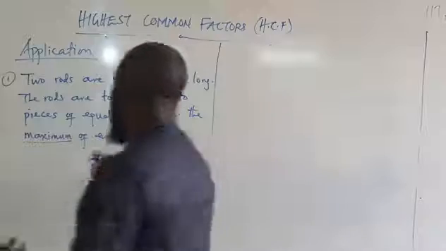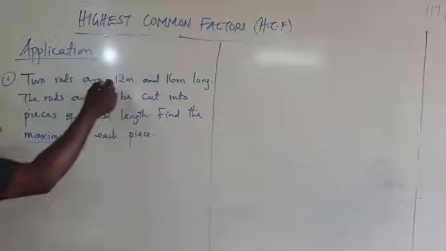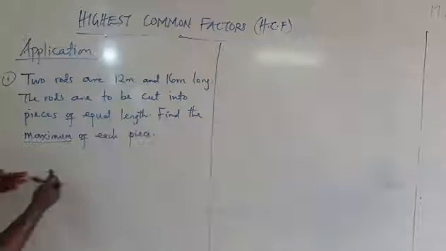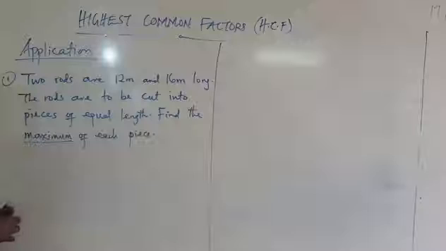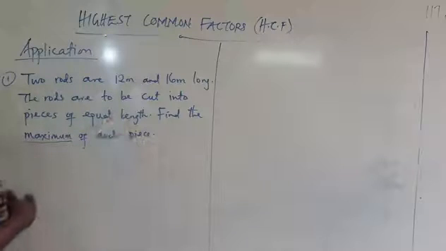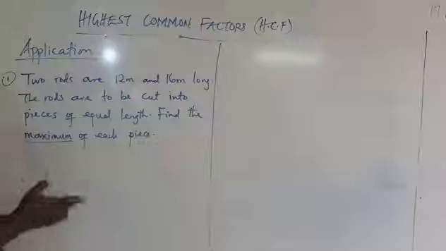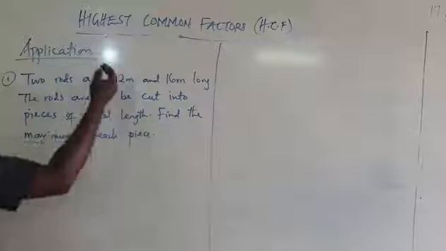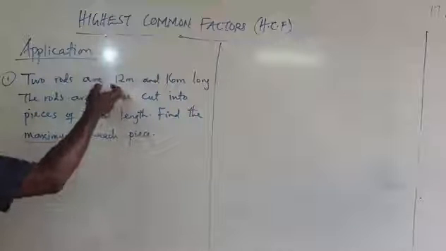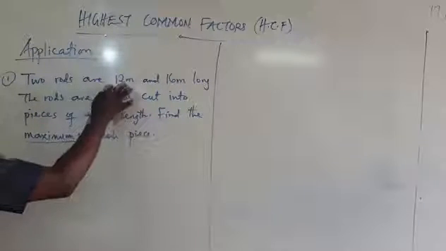It means we have a rod of 12 meters that we want to cut into equal lengths, and also, at the same time, a rod of 16 meters that we want to cut into equal lengths. Cutting into equal length means we are looking at numbers that can divide 12, all the factors of 12.